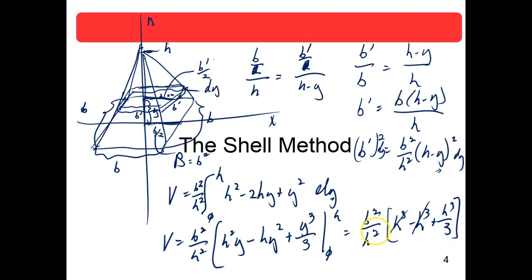Well, the h squared will go into h cubed h times, and you have 1/3 b squared h, which is 1/3 that base times the height. And that's what we were asked to prove. 1/3, they put hb, I put bh. It really doesn't matter.